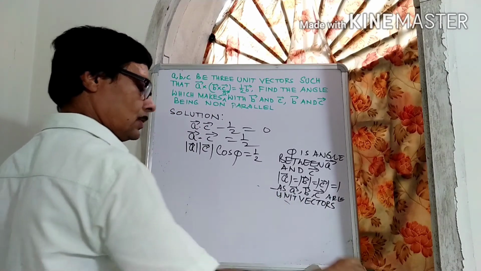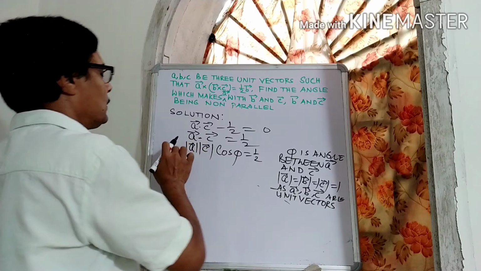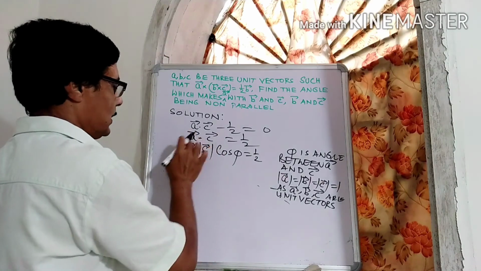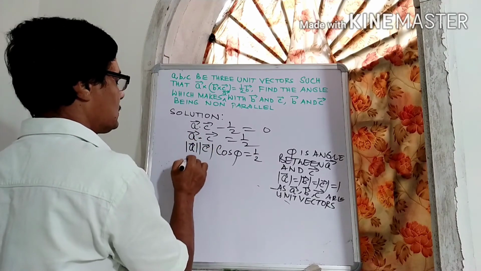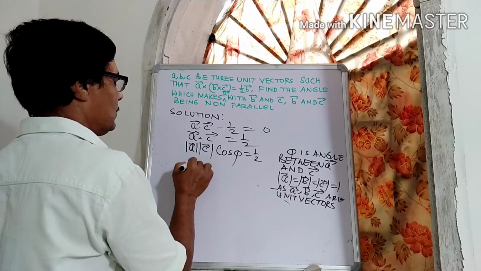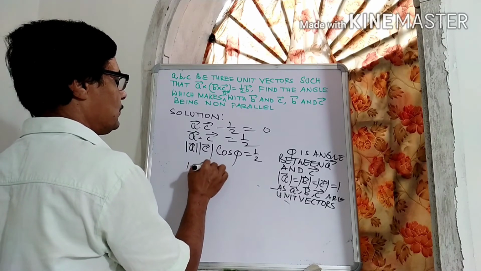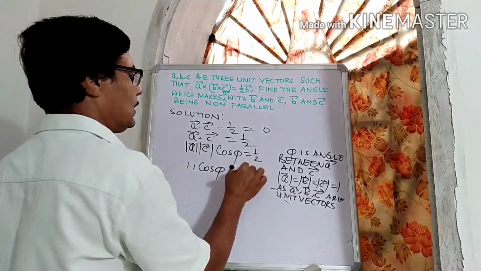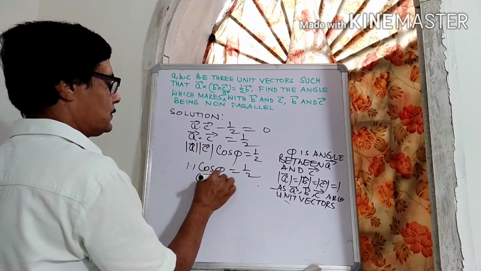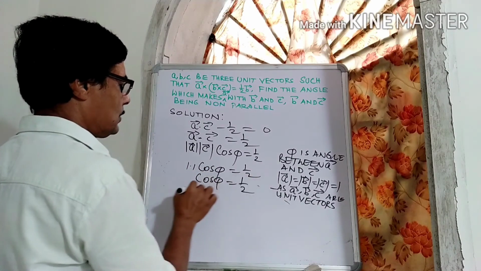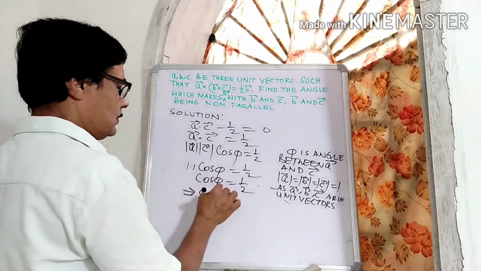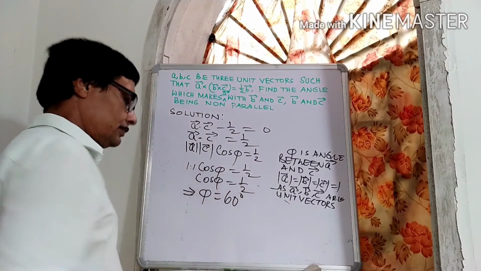So we can put the magnitudes of A and C as 1 and 1: 1 into 1 into cos phi equals half. That is cos phi equals half, so phi equals 60 degrees.